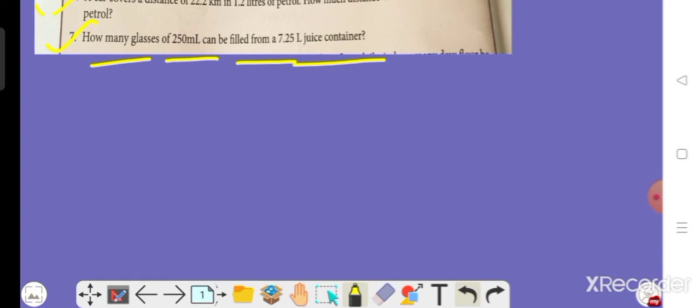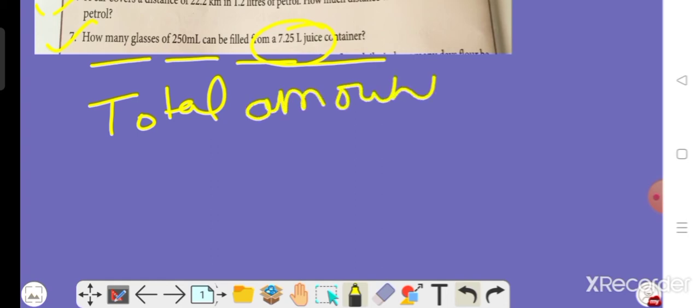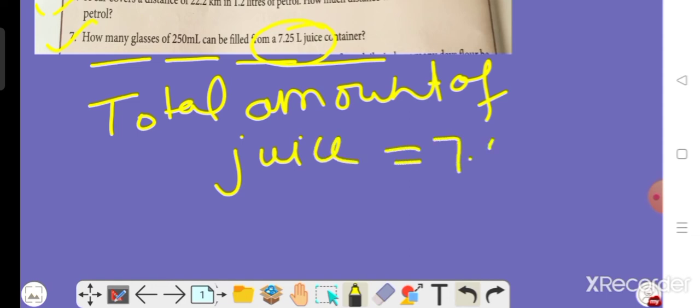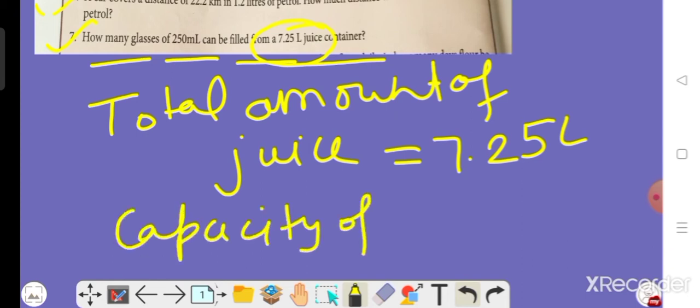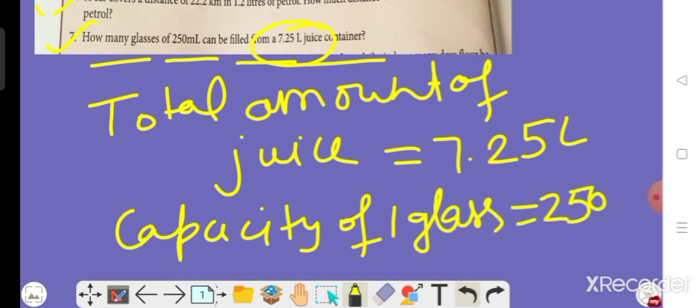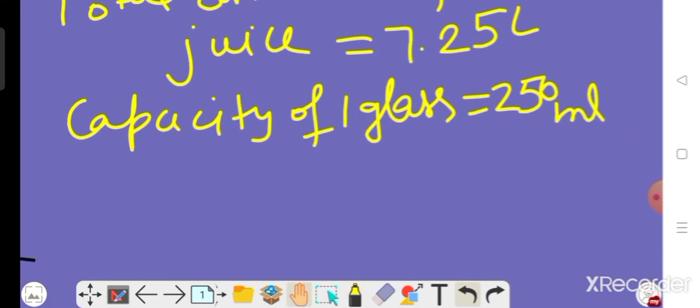In this question, we have been given this amount of juice in a container. So the total amount of juice is equal to 7.25 liters, and the capacity of one glass is 250 milliliters. Here we have to calculate the number of glasses.